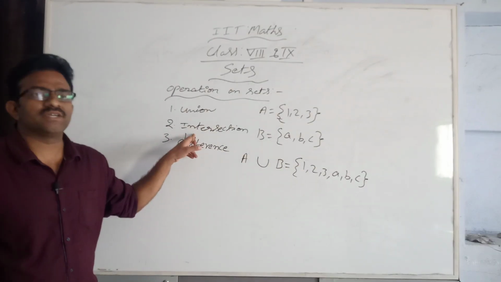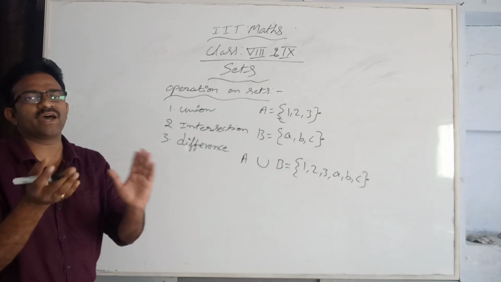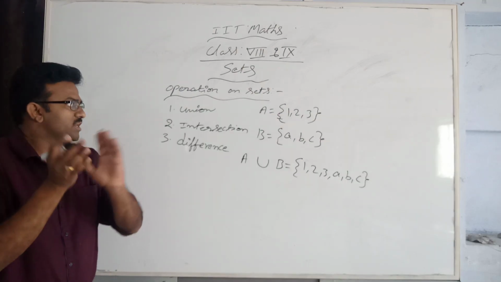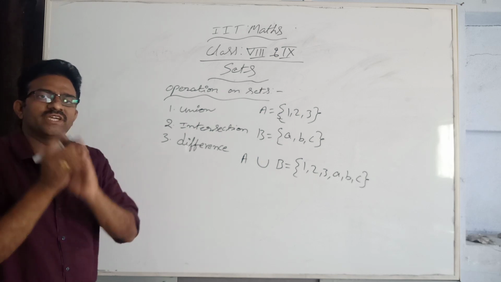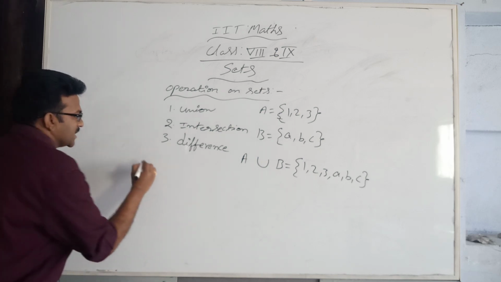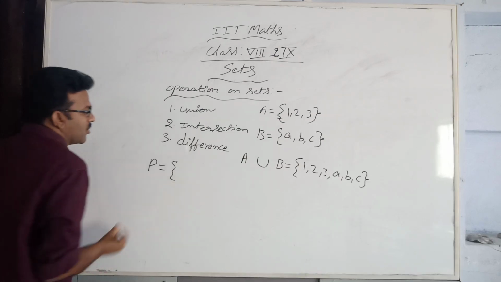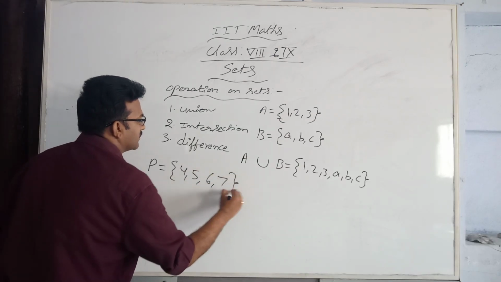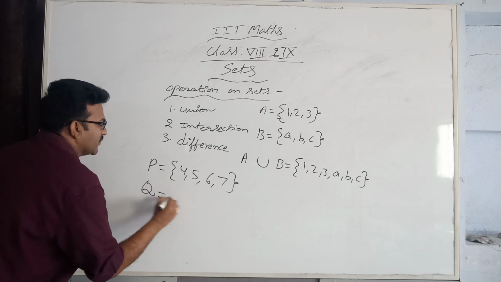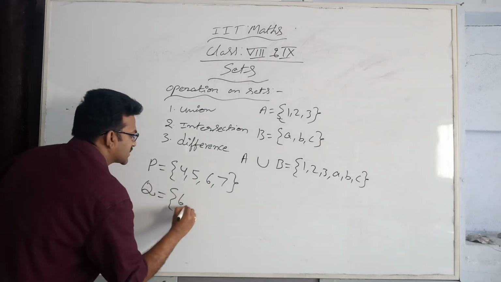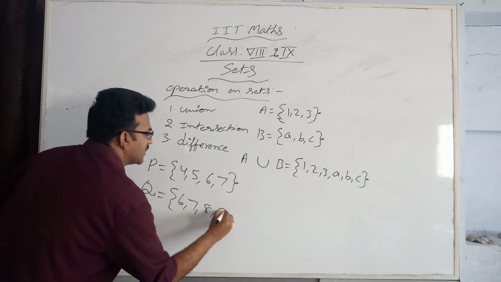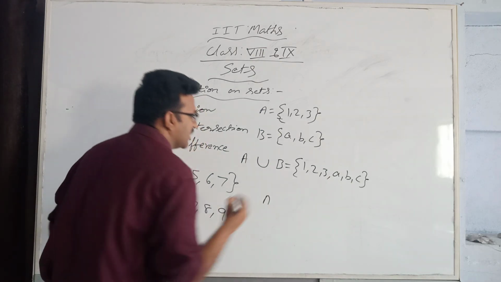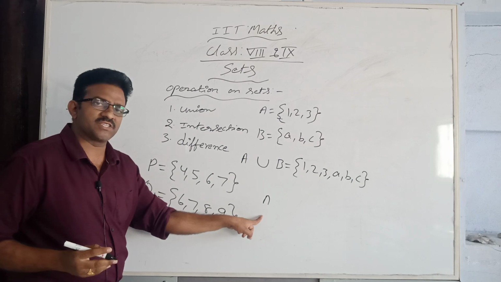Next, the second one is intersection. If A and B are any two non-empty sets, then common elements of the two sets is called intersection of the sets. Let us consider set P is equal 4, 5, 6, 7. Set Q is equal 6, 7, 8, 9. So intersection, we are denoting with this symbol.